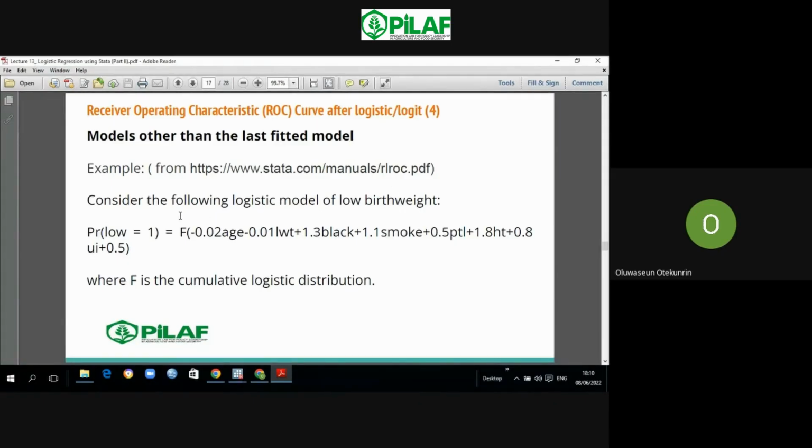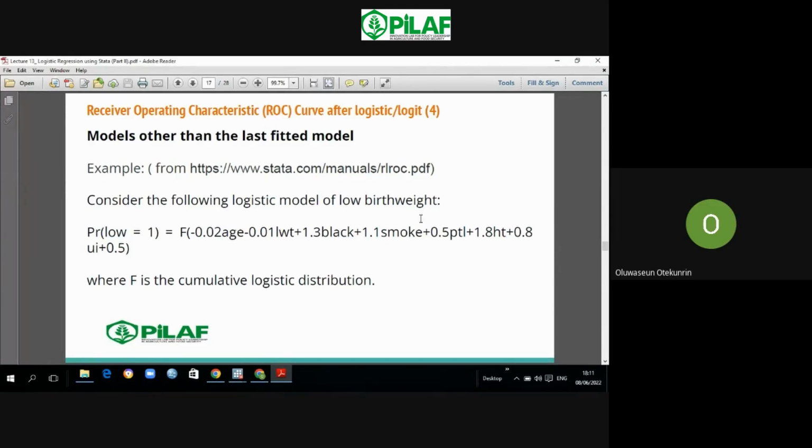Consider the following logistic model of low birth weight. This is the probability that low birth weight is equal to 1, with the coefficients for age, LWT, black, smoke, PTL, HT, UI, and the constant.